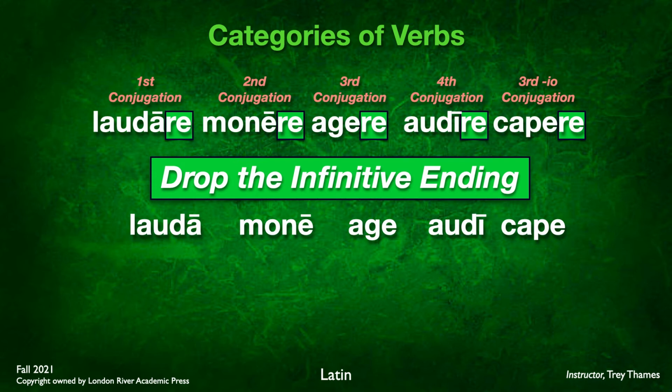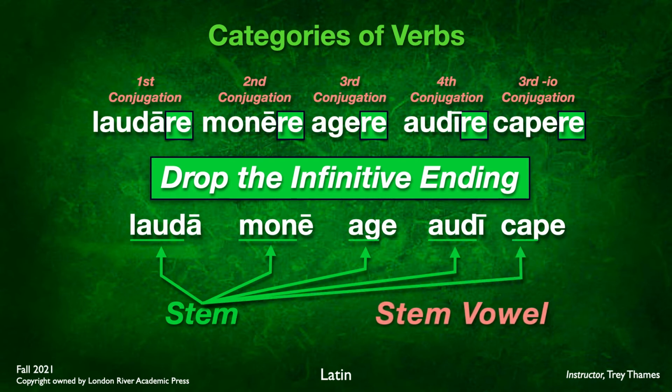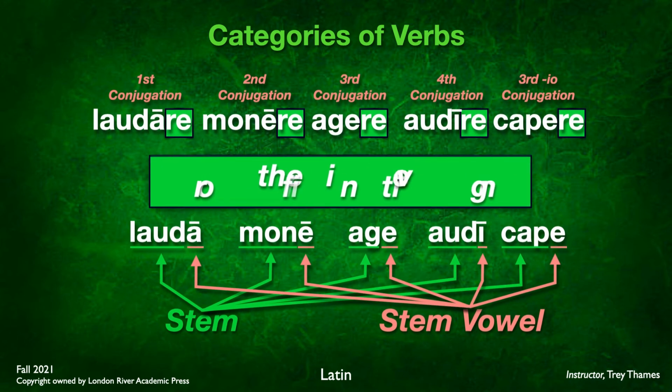And from here, you now see the stem and the stem vowel for each of the paradigms. So for first conjugation, it's lauda, mone for second conjugation, age for third, audi for fourth, and cape for third IO. So it's important that when you're learning these verbs, you're able to find and discover what the stem is so that you can now conjugate the verb, which is what we're going to talk about next.